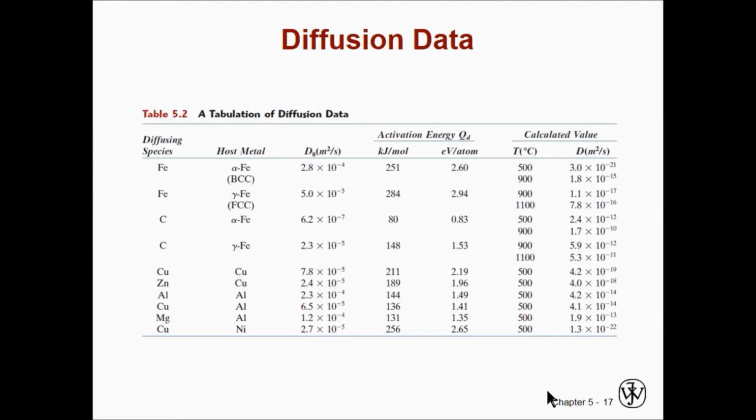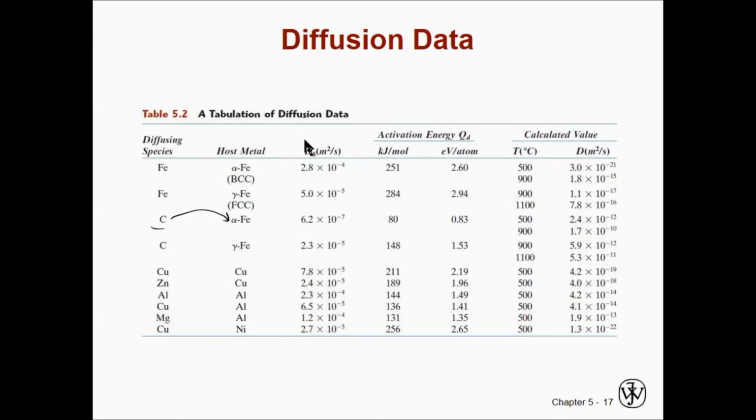So in this slide, you see the diffusing species over here, and the host metal. So let's say if copper is diffusing into alpha iron, here copper is the diffusing species, alpha iron is the host metal. These two values will define this D0.